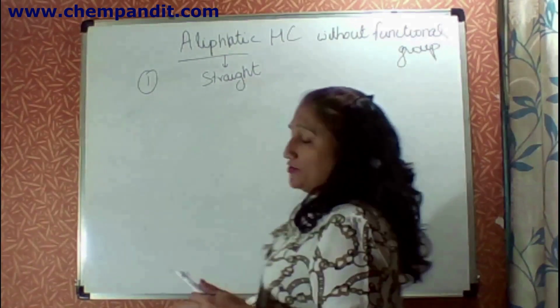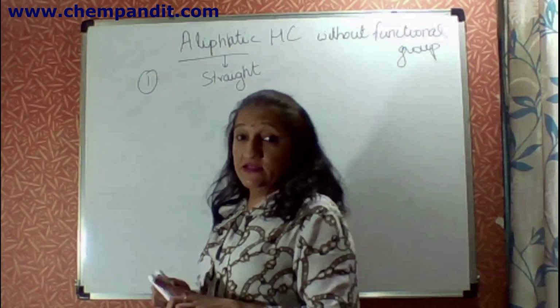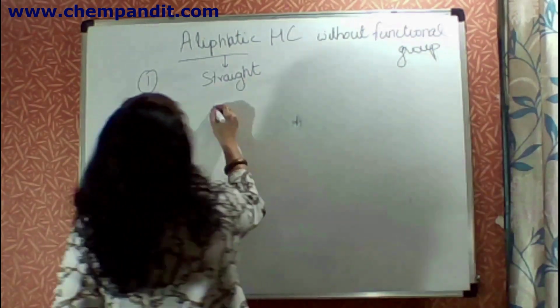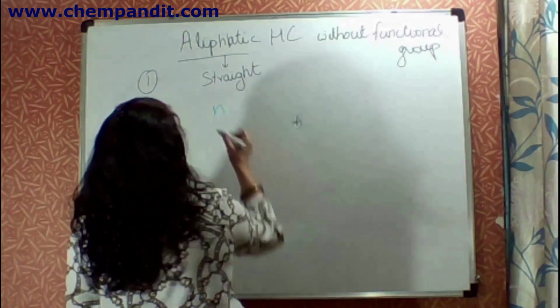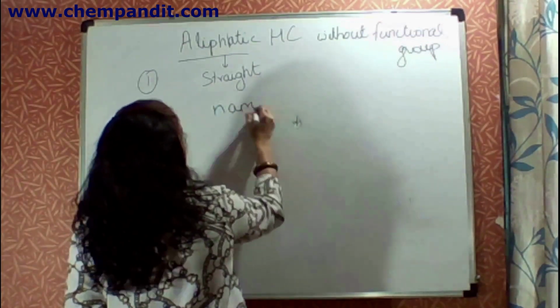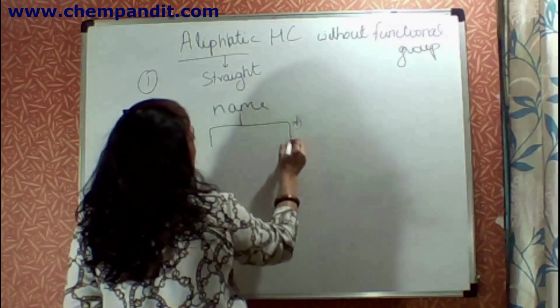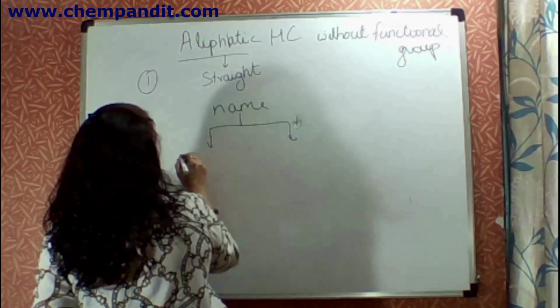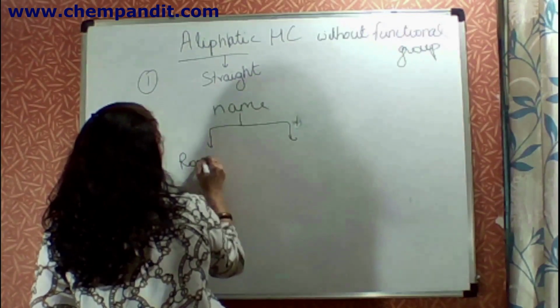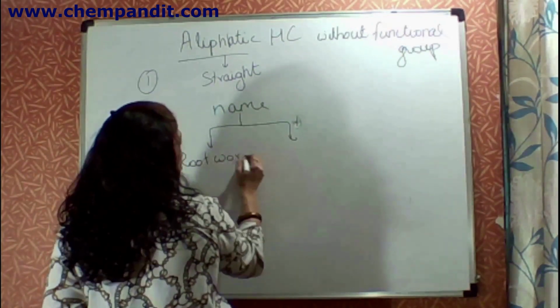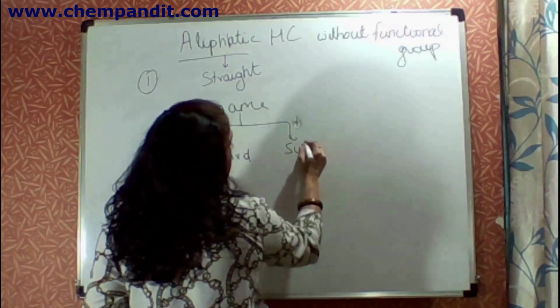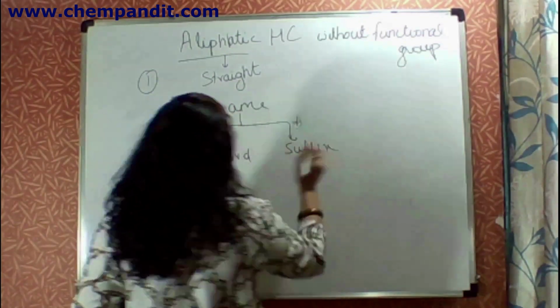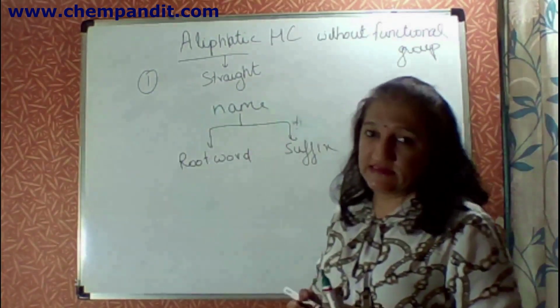Actually, the name of an organic compound basically contains two parts. It is composed of two parts. First is the root word and the second is the suffix.